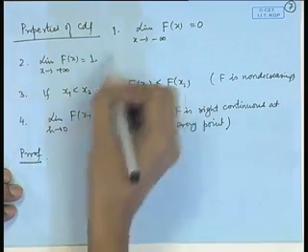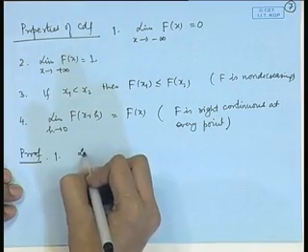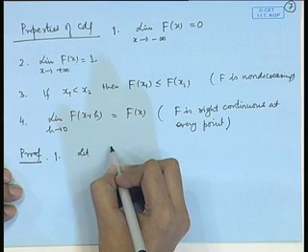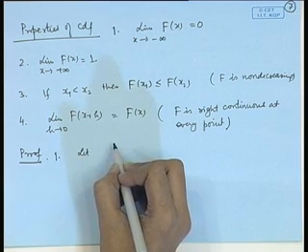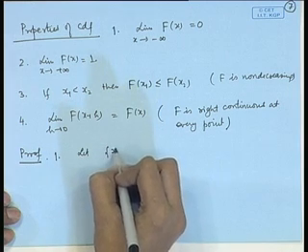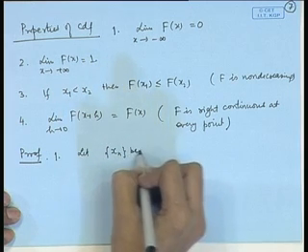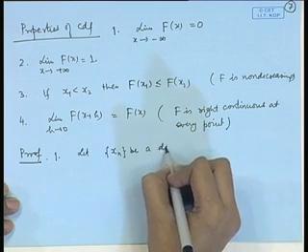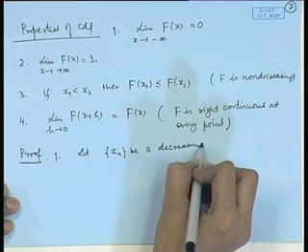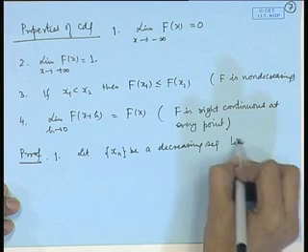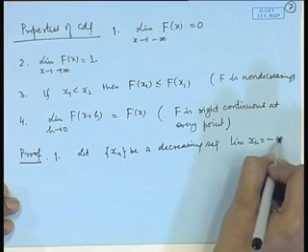To prove property 1, let x_n be a decreasing sequence such that limit of x_n is equal to minus infinity.